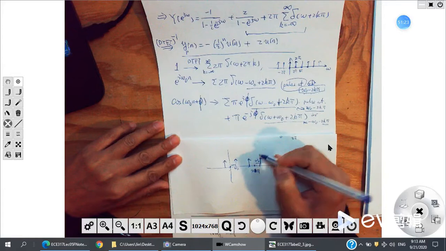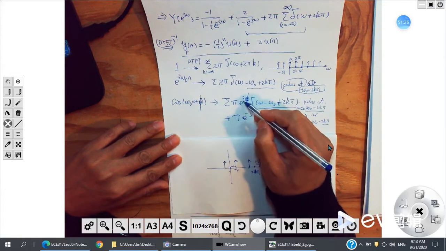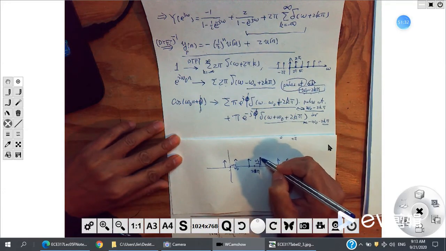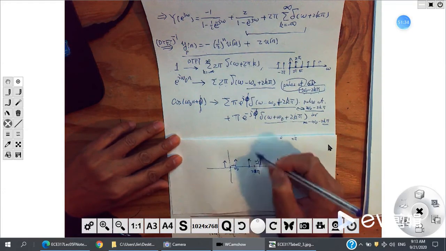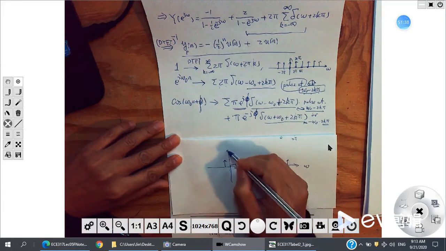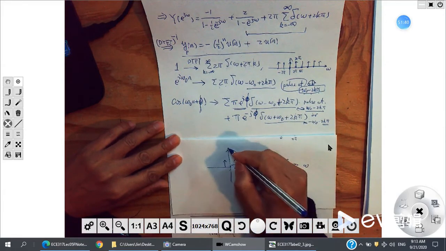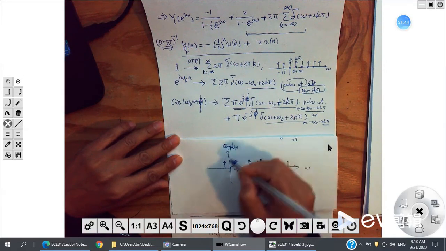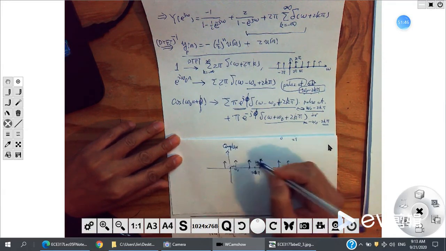And what is the value here? It is pi times e to the j theta. Theta is the phase angle. So this value depends on the phase angle. Actually, this one is a complex number. The graph here is just an illustration. So here's a complex number, 2-dimensional.